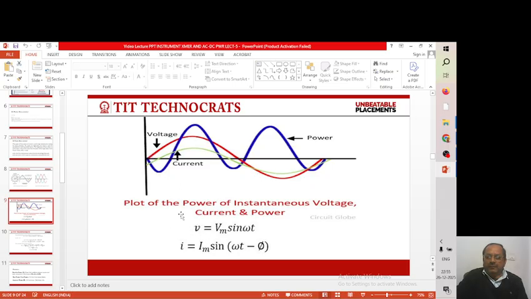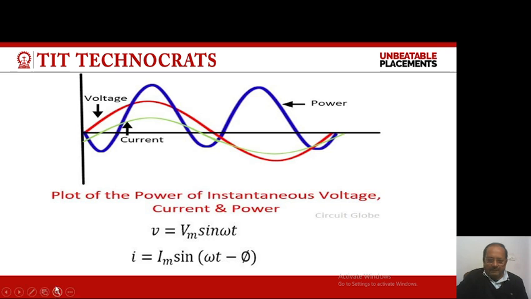Here we can see the voltage is given by V equal to Vm sin omega t, and this omega t may be written in the form of theta. So we can replace omega t by theta.